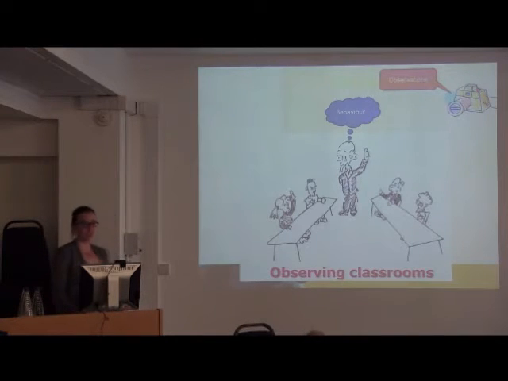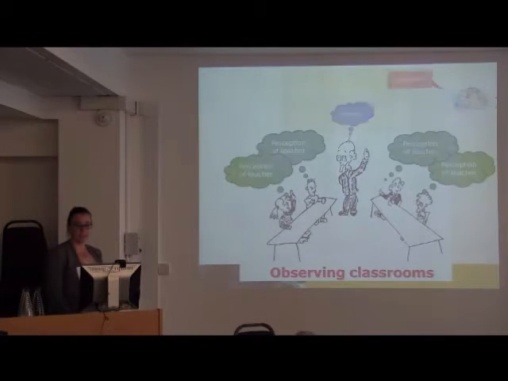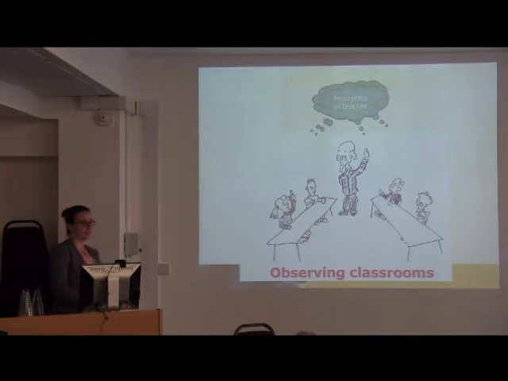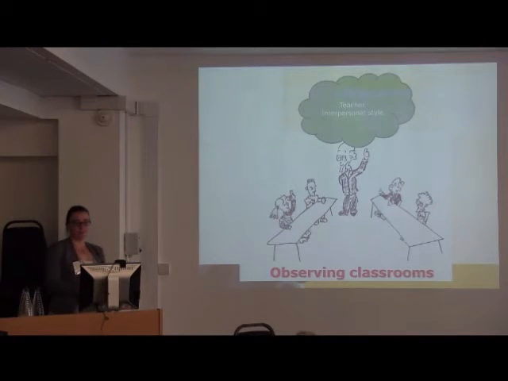Students observe this, and we can also observe this as a researcher or an outsider. And you will develop a perception about this teacher standing in front of the class. Every individual has their own perceptions, but together these perceptions convey an interpersonal style. So when they are aggregated, you get an idea of what the style of the person is.